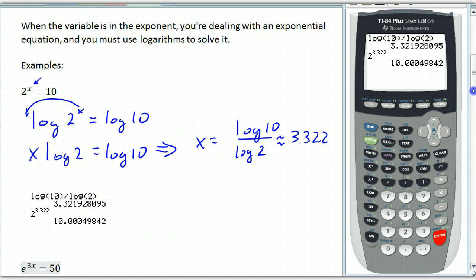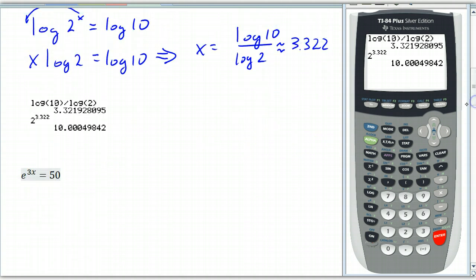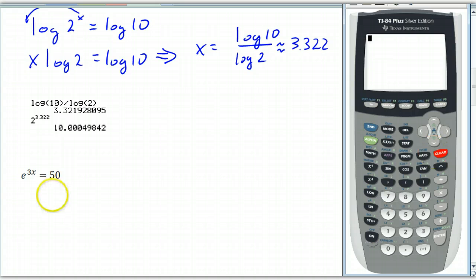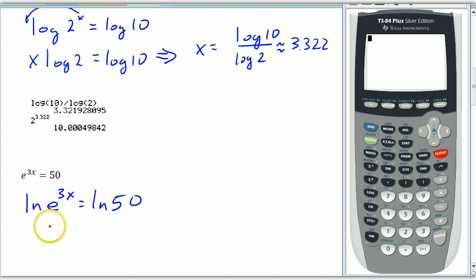Okay, next example. e to the 3x equals 50. Well, we definitely want to use natural logs here because we have e in there. So we're going to take the natural log of both sides. The natural log of e to the 3x is equal to the natural log of 50. And by that property that we just talked about, the natural log of e to the 3x is just 3x.